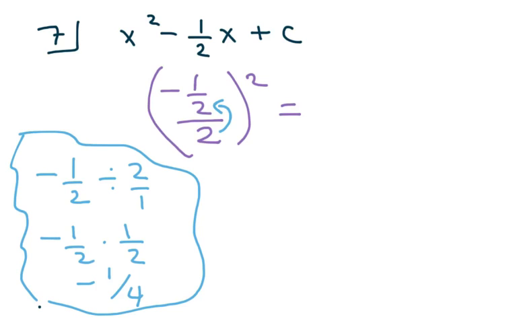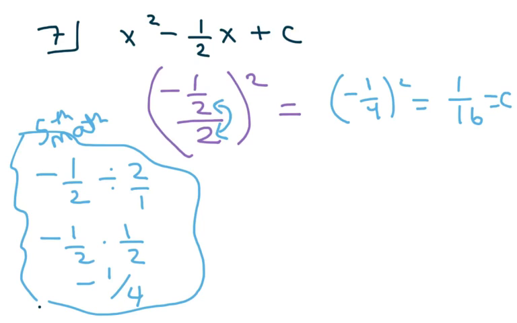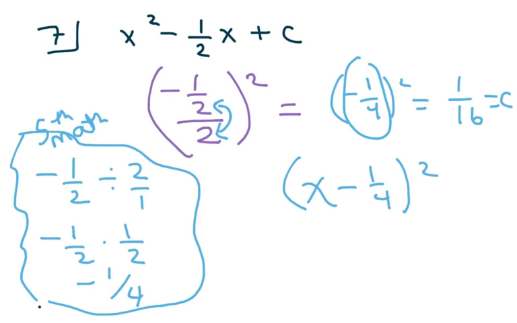All you have to do in the future is multiply those two; I call this 5th grade or 4th grade math. So basically we have negative 1/4 squared, which equals 1 over 16. So that equals your c. And then you're just going to write x minus this part, which is 1/4 squared. Always take whatever that is; that's the part that goes there.